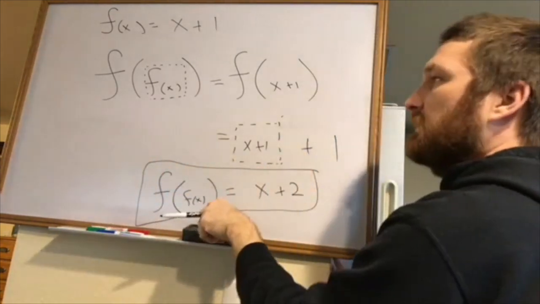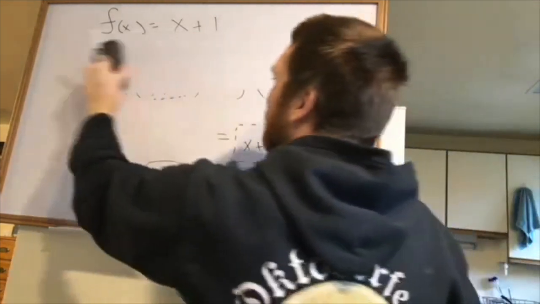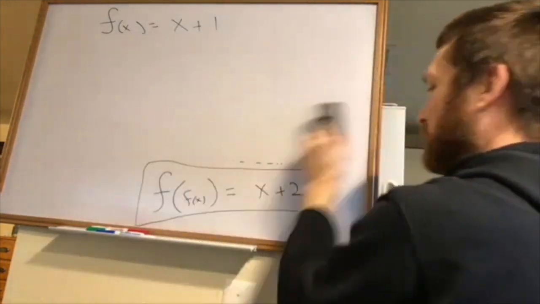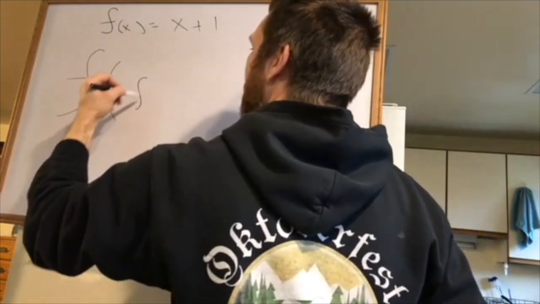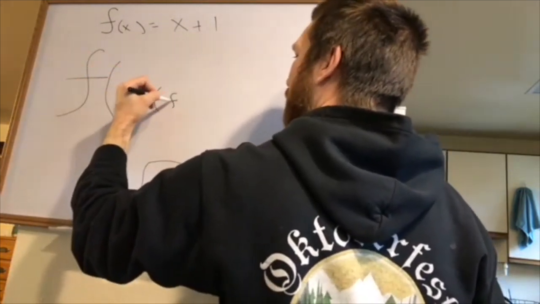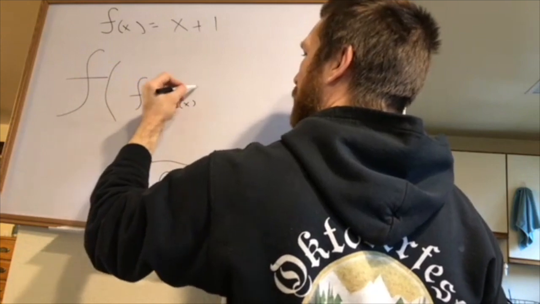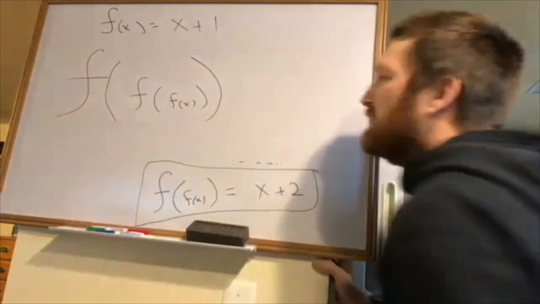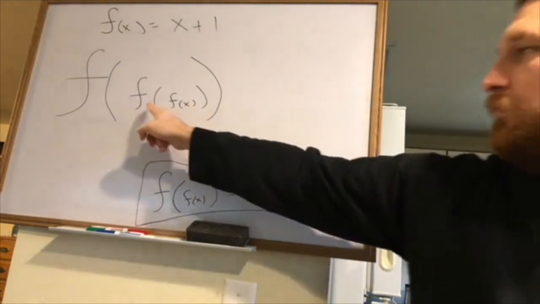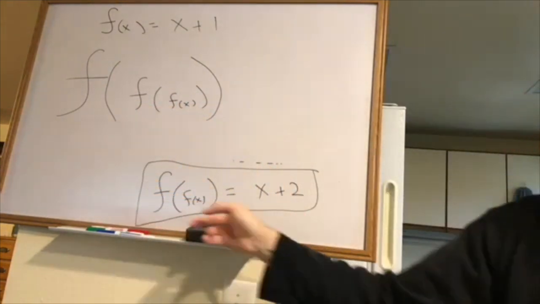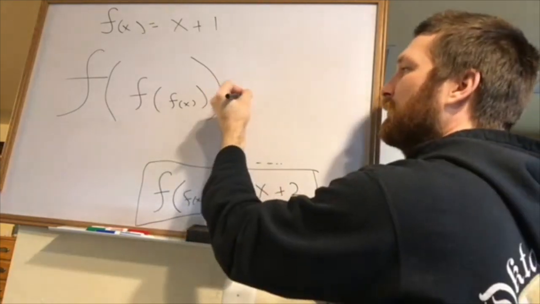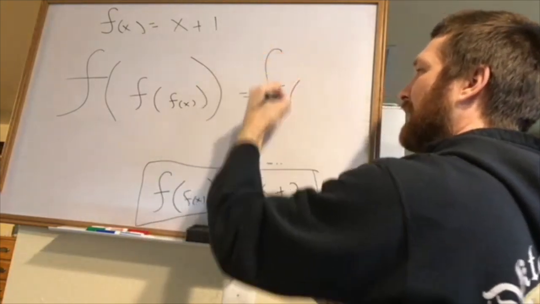And so then, and this is the key here, if my problem were f of f of x, and I said compute that, we'd say, well, wait a second, we've just computed this. We know what f of x is. And so we could just replace that right there.